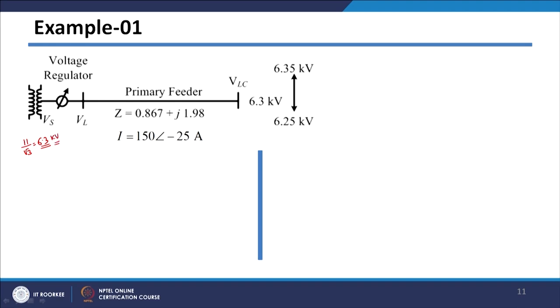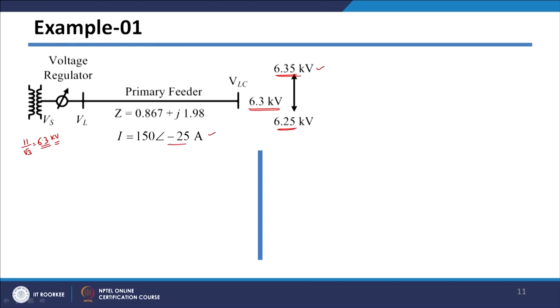Here, I want to keep the voltage at the end of the feeder at 6.3 kV, and the range of this voltage level is from say 6.25 to 6.35, and the current carried by this feeder is say 150 A with 0.9 lagging power factor.